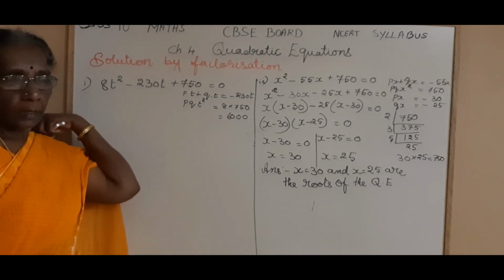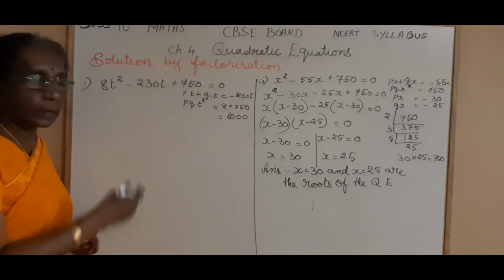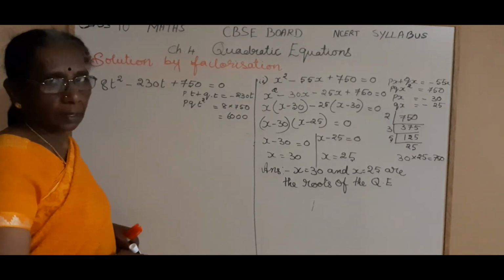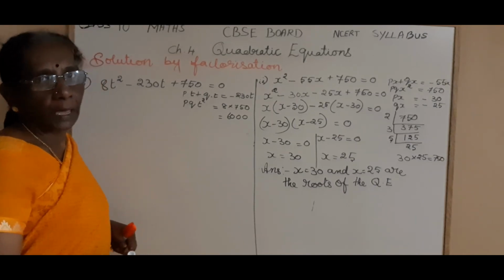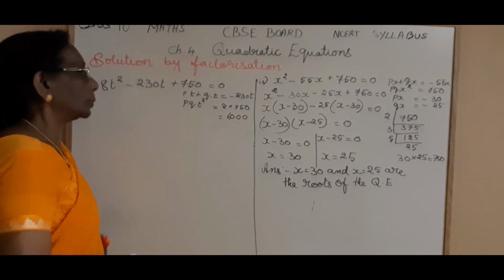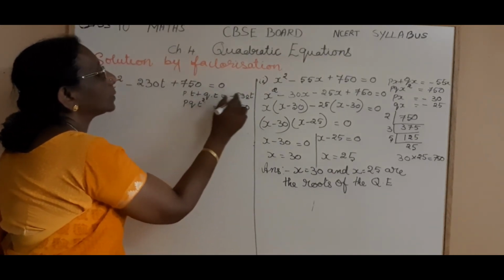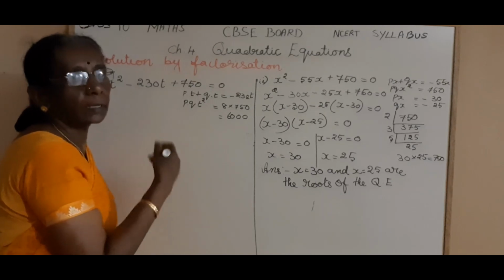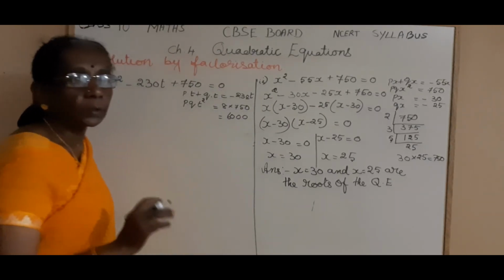Okay, children. Now, it's a big number. If you do by prime factorization, it will take some long time, isn't it? But you have to try to do it fast. So for that, what should we do? You see here, the sum is minus 230. It is ending with 0. And the product is ending with 2 zeros.